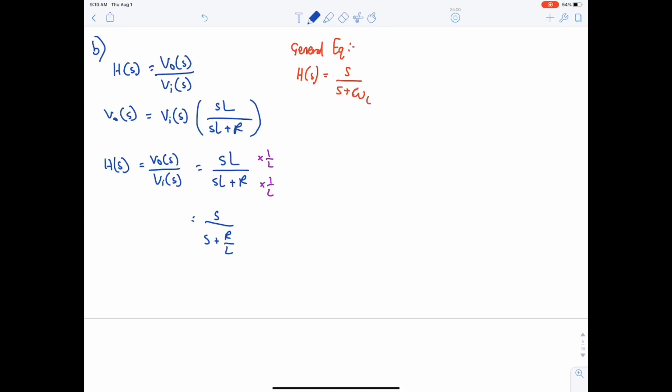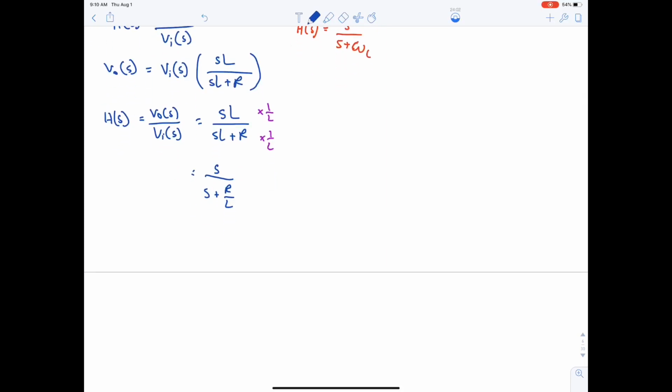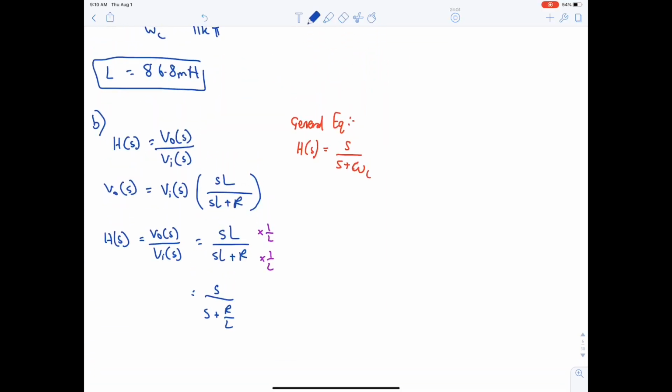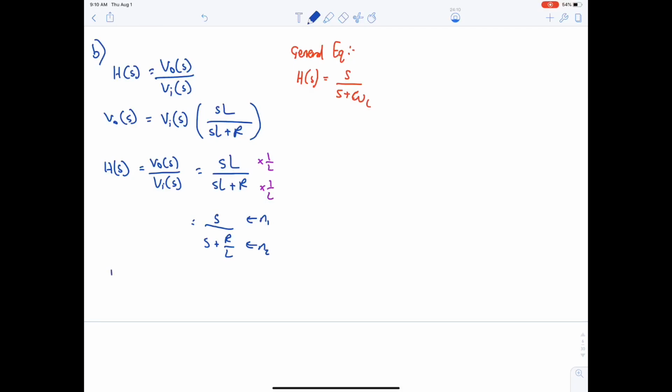Then you have to break this into numerator and denominator. So this will become N1, N2, but of course after replacing S with jw. So it will become like this. Then N1 and N2.